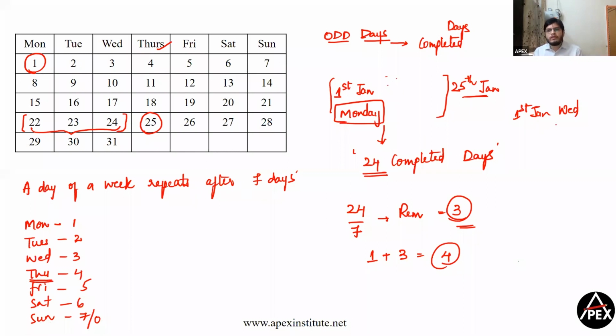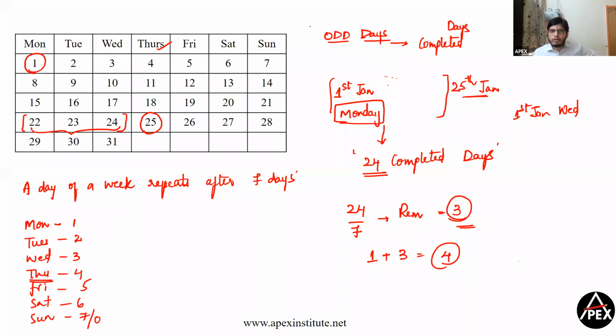Then consider 1st of Jan as Wednesday, and again you divide 25 by 7 and get the remainder 4. Will it be Thursday? No. Did you get the logic? So simply dividing 25 by 7 and taking the remainder will not give you the right answer. In this case, it works because we are starting on Monday.